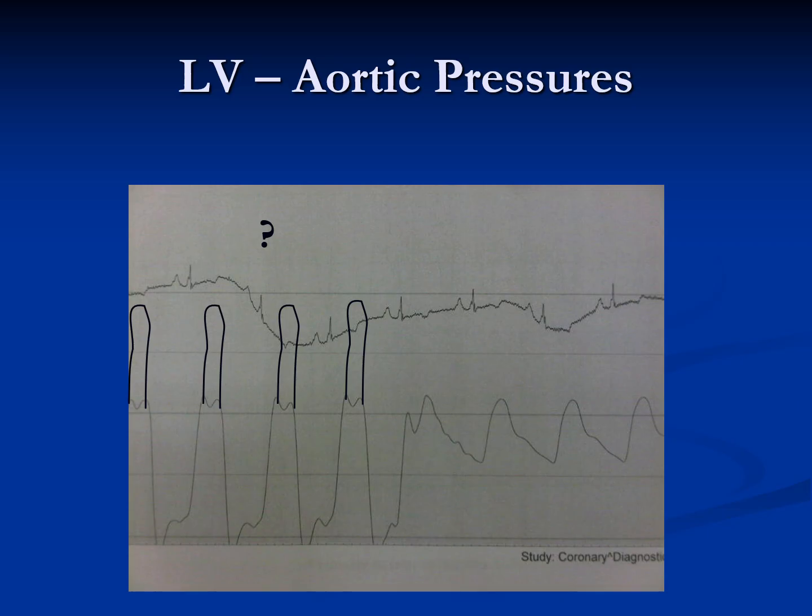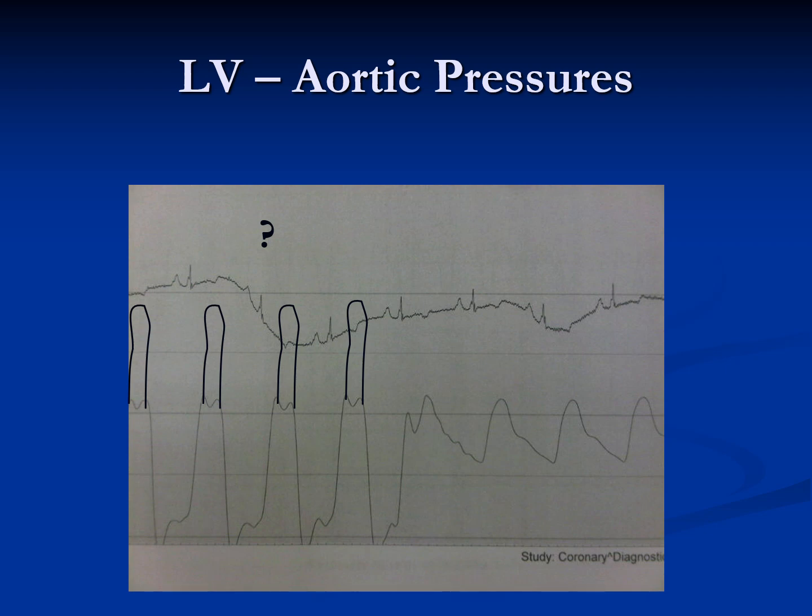So what if I showed you this graph where the LV peak systolic pressure is obviously way higher than the aortic pressure? And I asked you, what is the problem here? How come? They should be equal, because when the aortic valve is open, it's almost like one column of liquid. Why is it that pressure in the left ventricle is not fully transmitted to the pressure in the aorta? The answer is the aortic valve is not fully open.